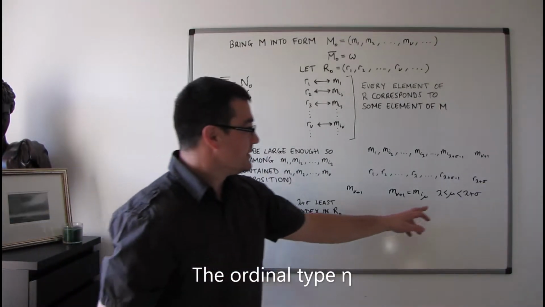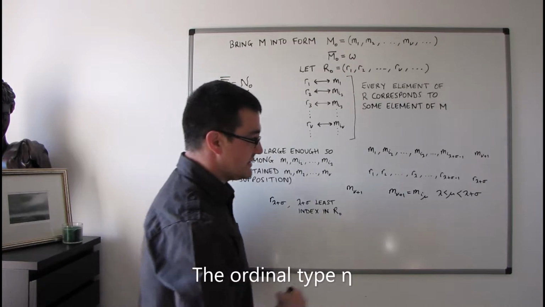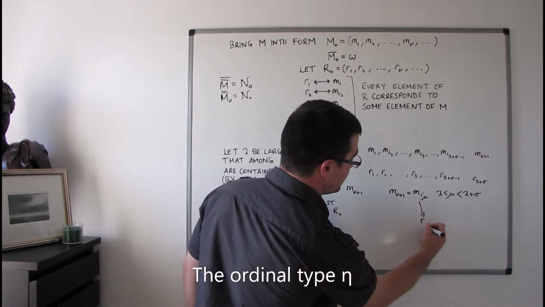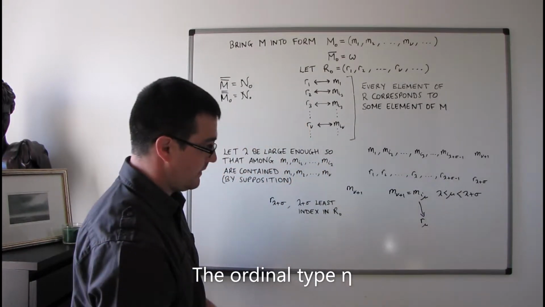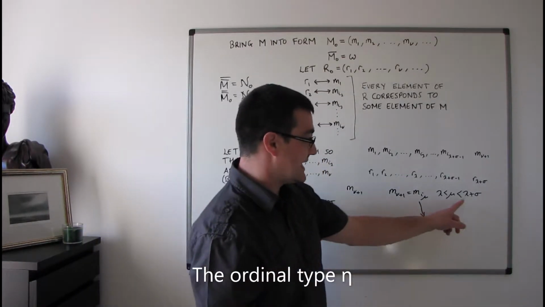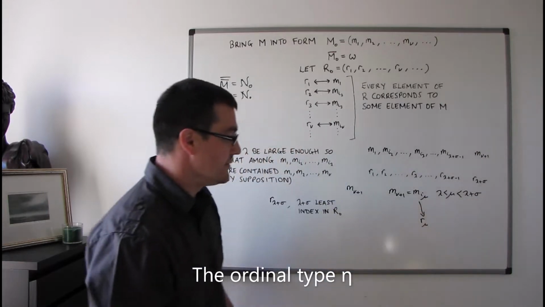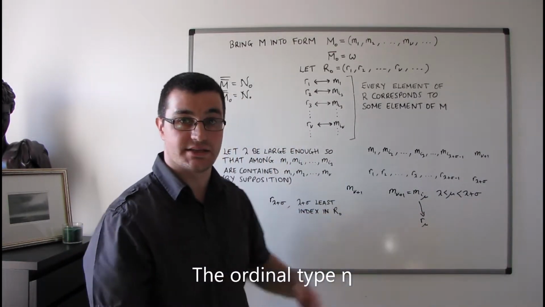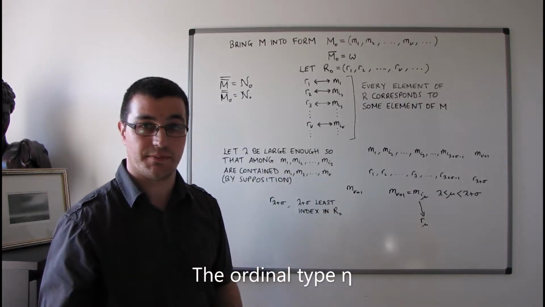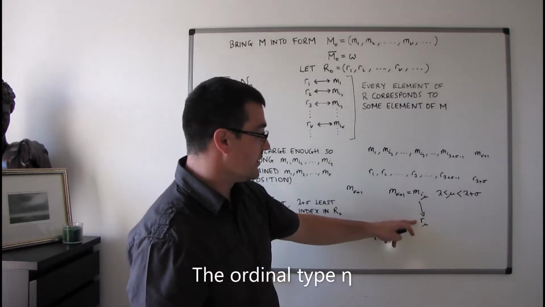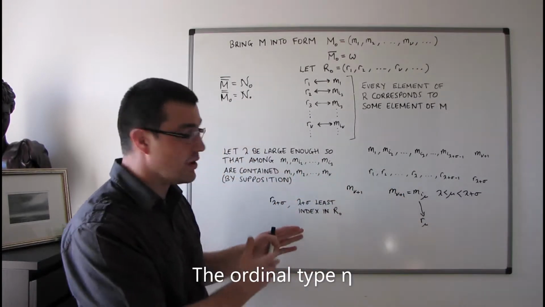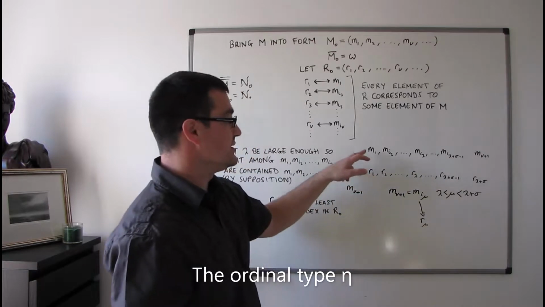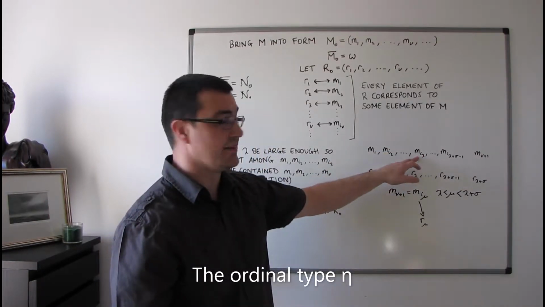Okay, well that means that m_i mu would correspond to r mu. Again, mu is less than lambda plus sigma, but then that would mean that r mu has the same ordinal relationship to r1 to r lambda as m nu plus 1 has to m_i1 to m_i lambda.